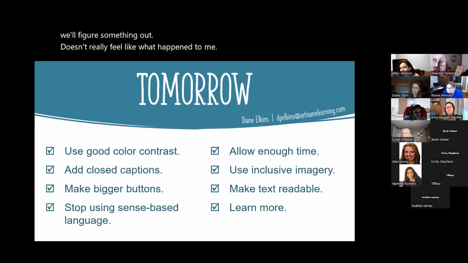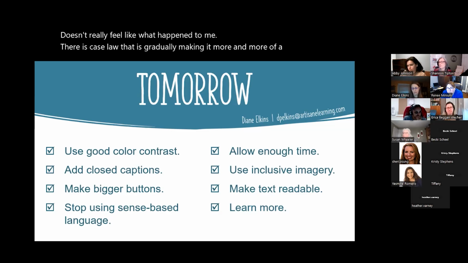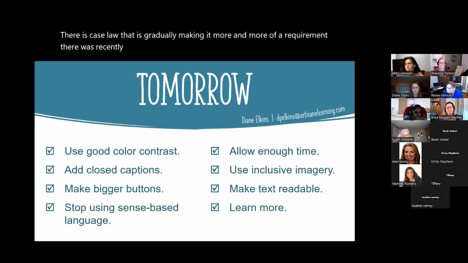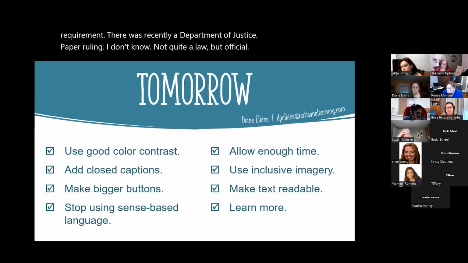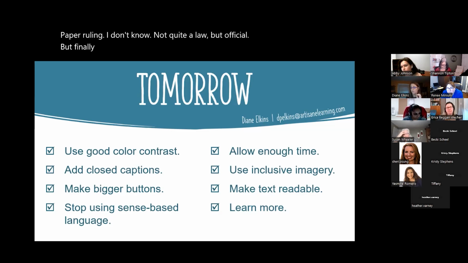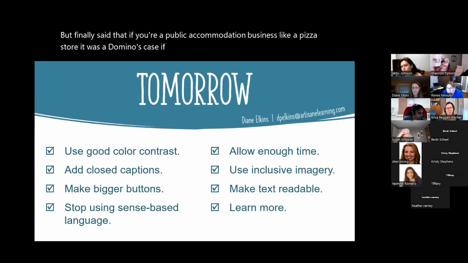There is case law that is gradually making it more and more of a requirement. There was recently a Department of Justice paper ruling, not quite a law, but official, that finally said that if you're a public accommodation business like a pizza store, it was a Domino's case, if your store has to be ADA accessible, then your website does as well.